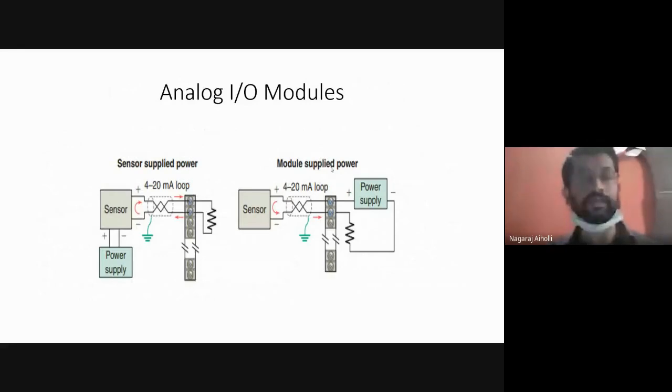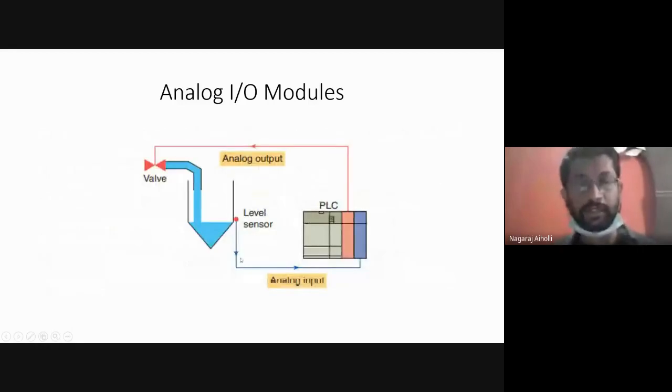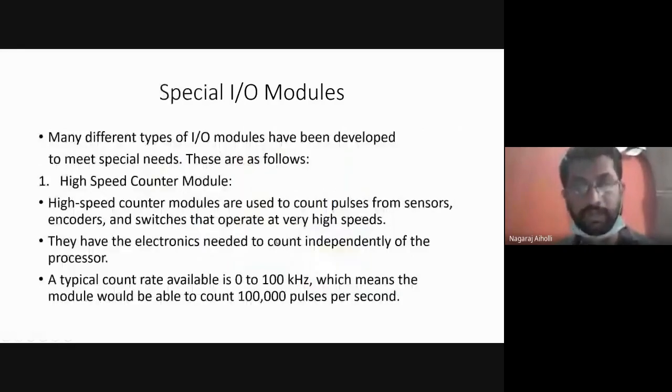The feedback loop, I have highlighted here: there is a connection from input to output and output back to the input. The sensor is supplied with the power supply and the input module is supplied with the power supply. Then later on, I explained the control system, considering the example of liquid filling in the storage tank. This is the analog I/O module. Then various special I/O modules.